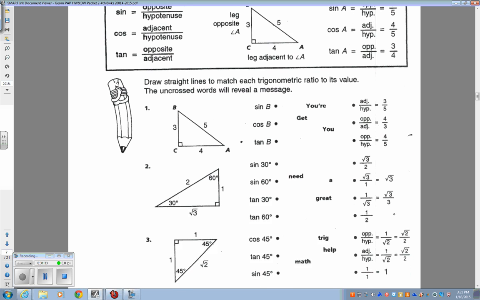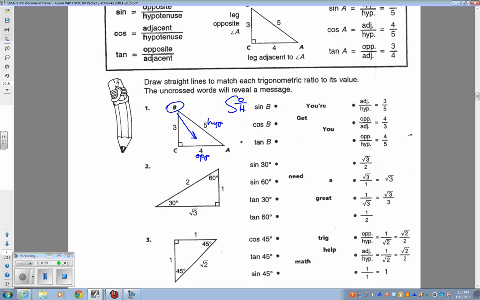For example, sine of B means we're using angle B in relationship to label the parts. Sine is opposite over hypotenuse, right? So which part is opposite over hypotenuse? Opposite of B, so that would be 4 over 5.